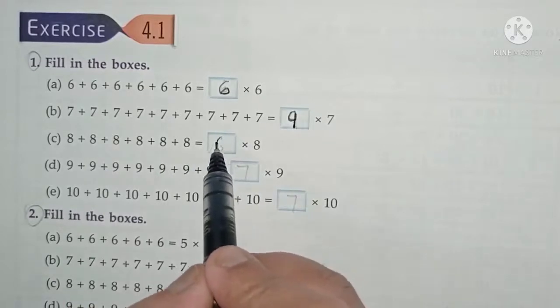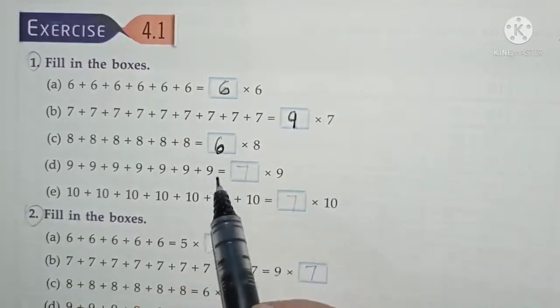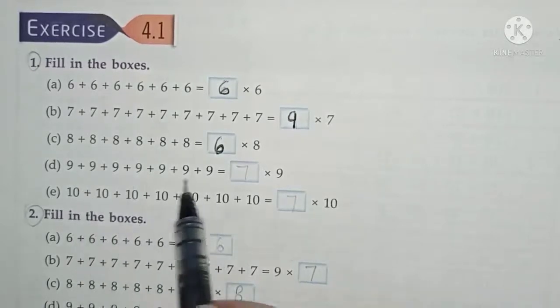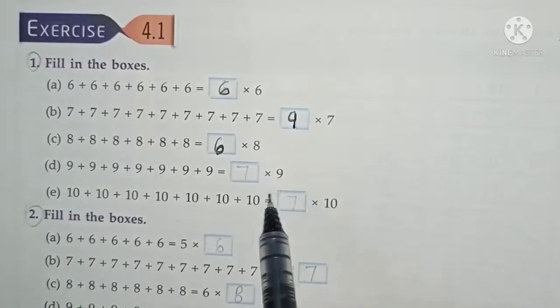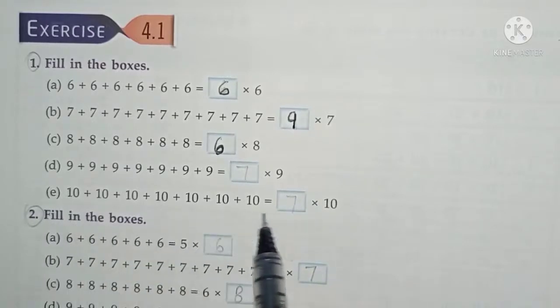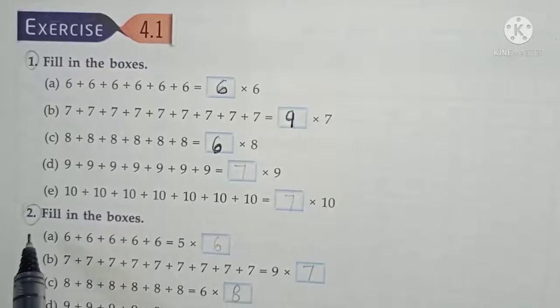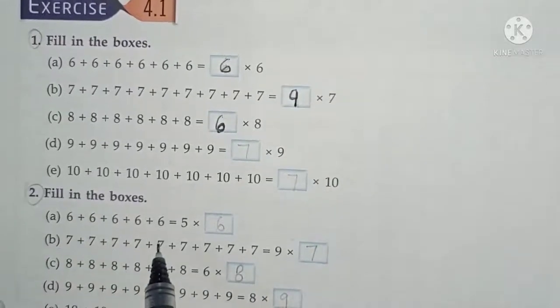This is 6 times 8. Similarly, you have to solve the other parts. The answer to D part is 7 times 9 and the answer to E part is 7 times 10.